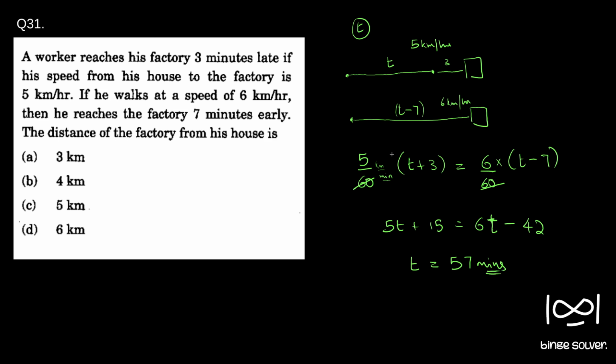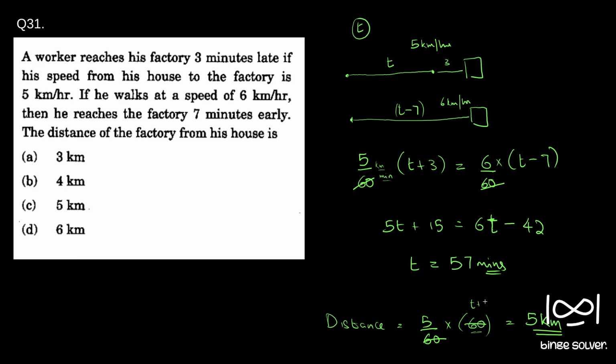Now to find the total distance, distance is equal to 5 by 60 into the time taken, t plus 3, 57 plus 3, which is 60. 60 into 5 by 60, so 5 kilometers. This is the answer.